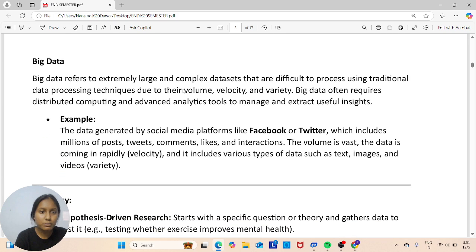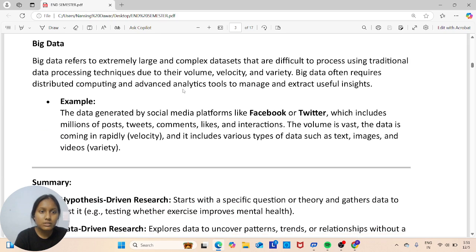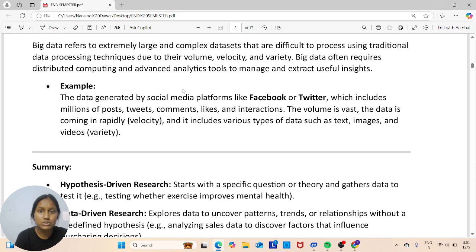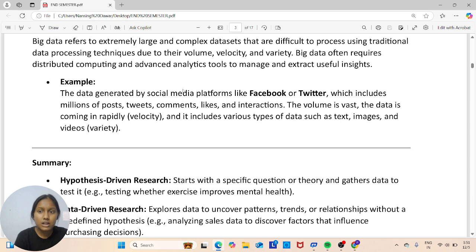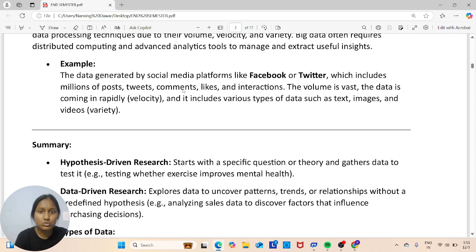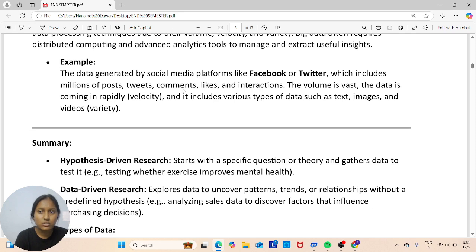Now we will learn about big data. Big data refers to extremely large and complex data sets that are difficult to process using traditional data processing techniques due to their volume, velocity, and variety. Big data often requires distributed computing and advanced analytics tools to manage and extract useful insights.